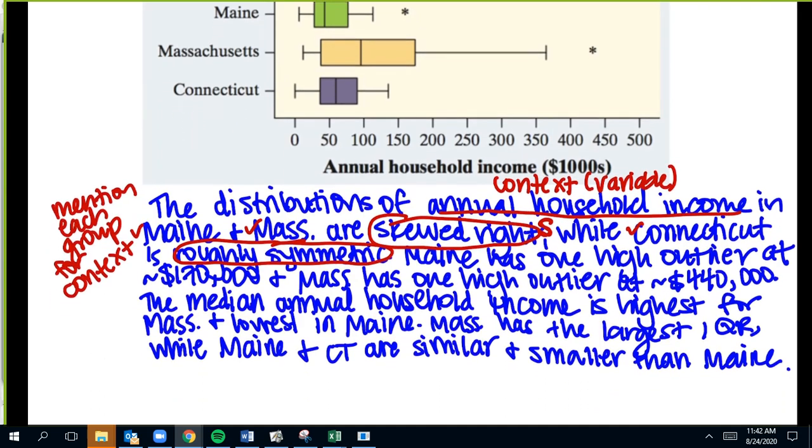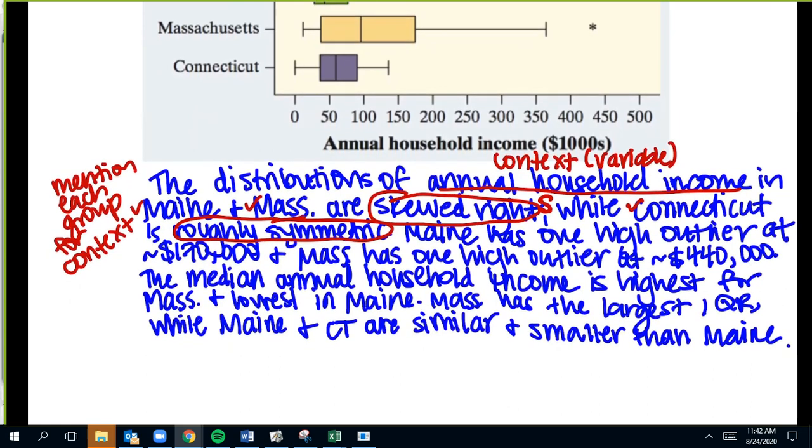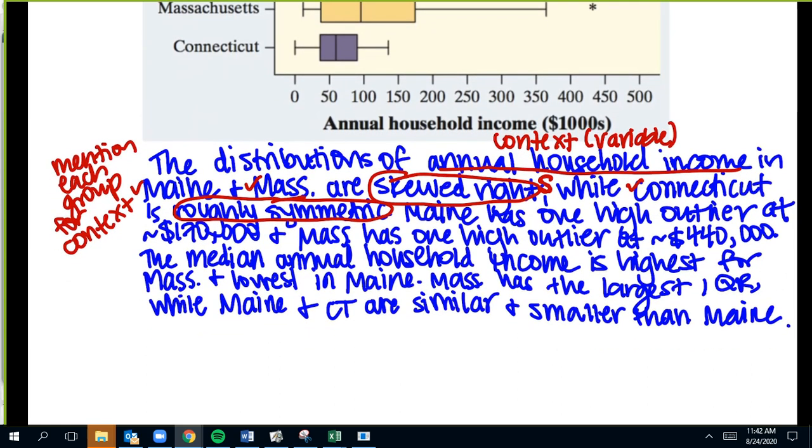We can't say any other type of shape. So please only stick to that. Maine has one high outlier around 170,000 and Mass has one around 440,000. Connecticut doesn't have any. So I might want to add that, but that is our O for outlier.